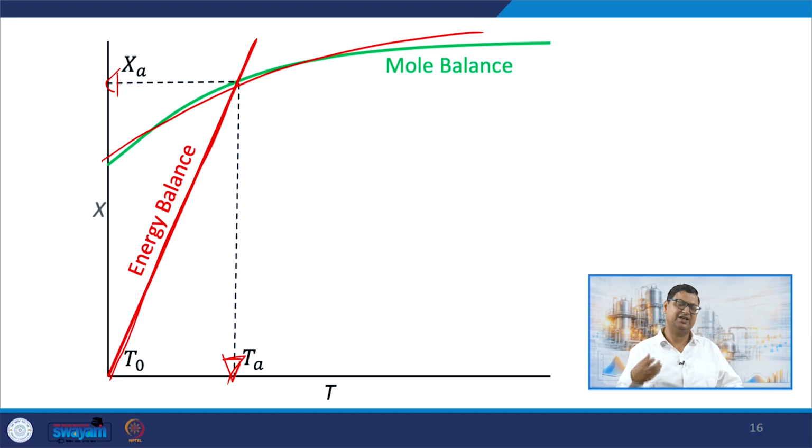So you can imagine the energy balance is providing an additional constraint that must be satisfied in addition to the mole balance, and therefore we need to solve these two balances together in order to find the conversion and temperature in the adiabatic condition, and the same thing will apply for other conditions as well, right?